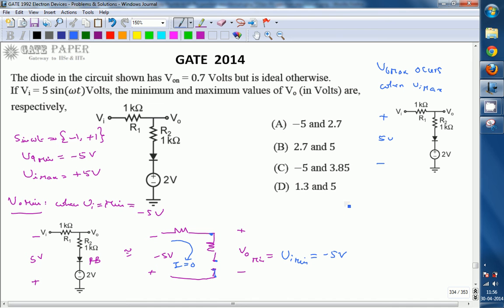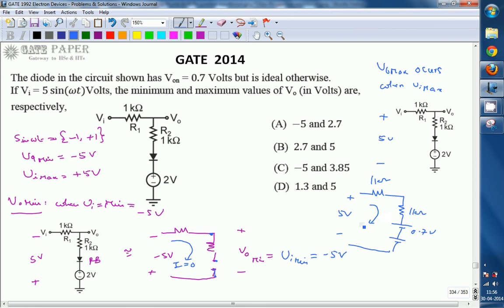So the equivalent circuit looks like this. The diode is on, so there will be a 0.7 volts drop, and there is a 2 volts power supply, and here we have 5 volts, plus minus. This is 1 kilo ohm and this is one more 1 kilo ohm.